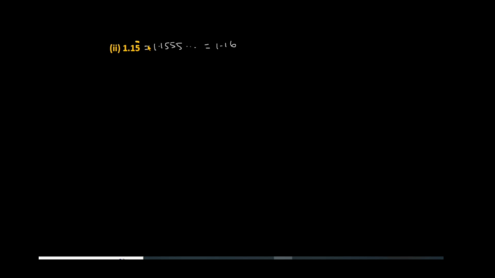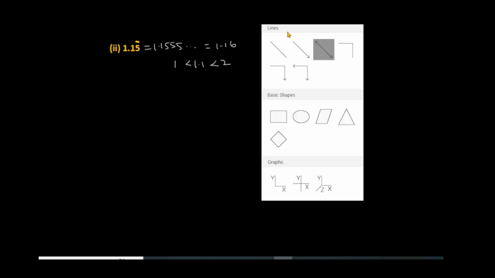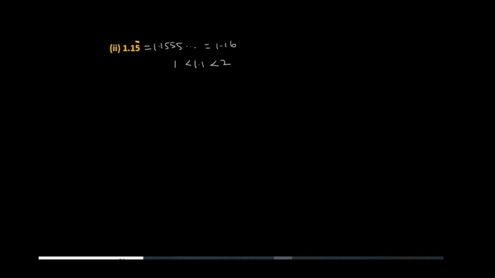Now 1.16's first decimal is 1.1, which lies between 1 and 2. So let's see that in our number line where it should be.